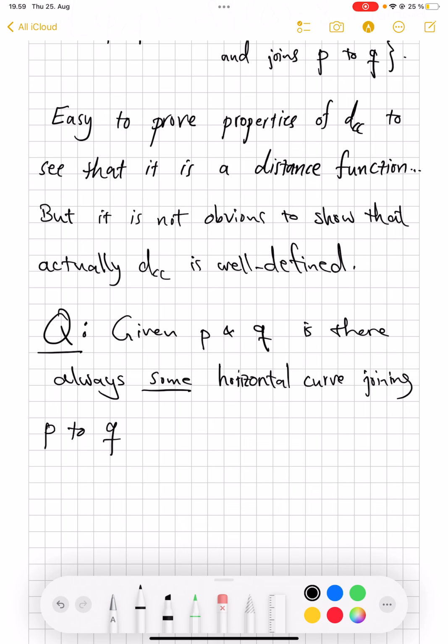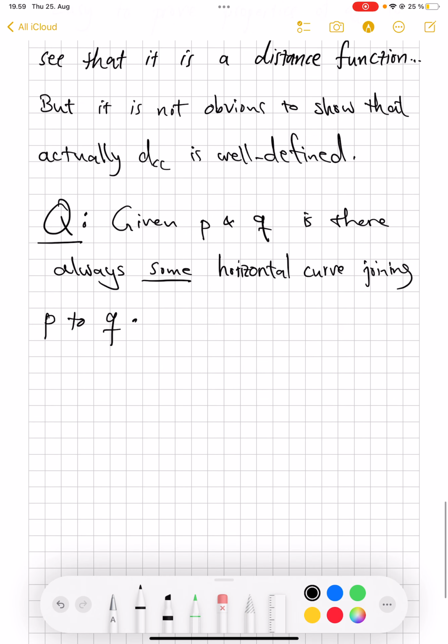But this is not at all trivial, because you can travel only in certain directions. For example, let's say P is sitting at 0. You can take off at 0 only in the literal horizontal direction.